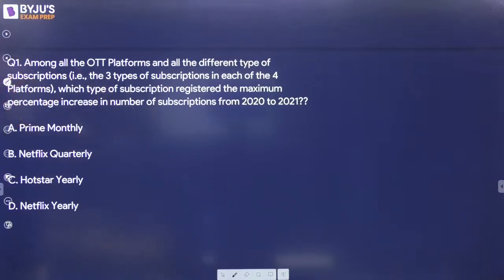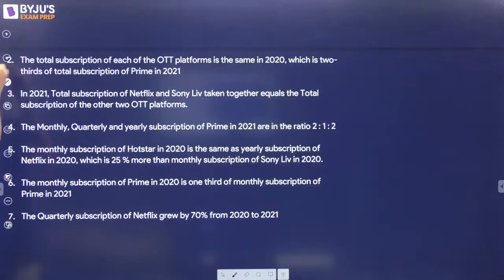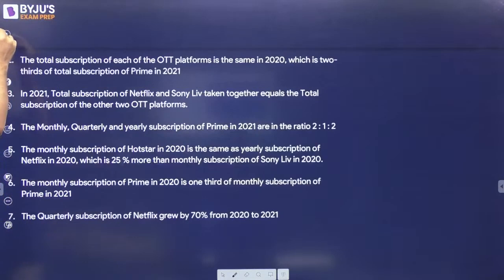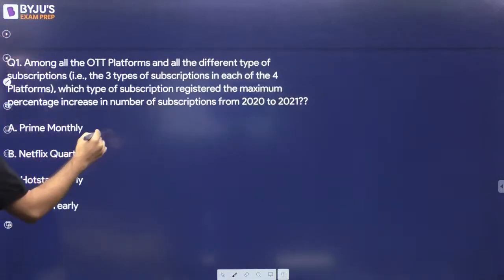Percentage increase in the subscription throughout all the OTT and सारे types of subscription का चेक करना है हमें. ठीक है, अब हम लोग क्या करेंगे? We will only look at these. Prime monthly. So prime monthly अगर देखें तो prime monthly कितना हुआ करता था हमारे पास?